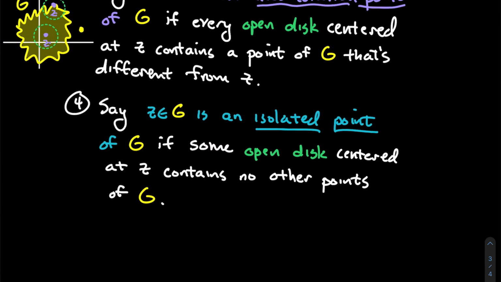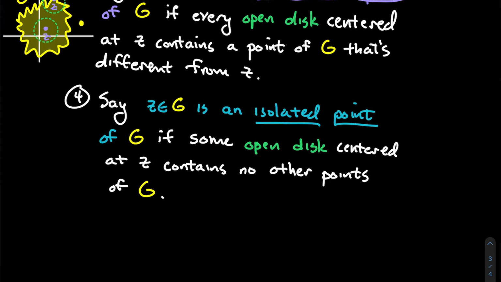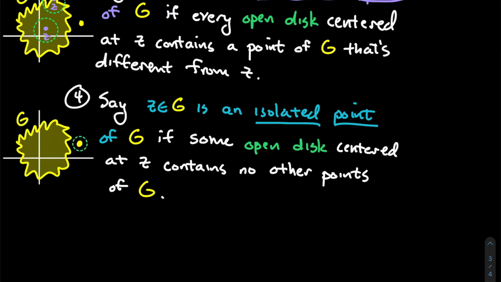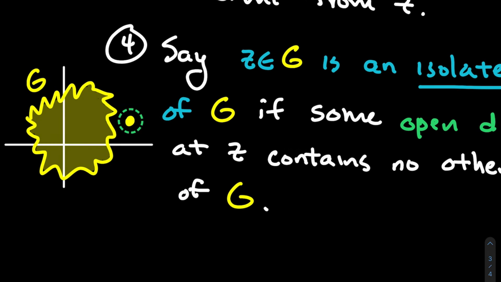All right, the last thing as far as describing these points, we're going to say that an element of G is an isolated point of G if some open disk centered at Z contains no other points of G. In other words, you can kind of isolate it from the rest of G. And of course, this is where finally the little dot outside of G comes into play.